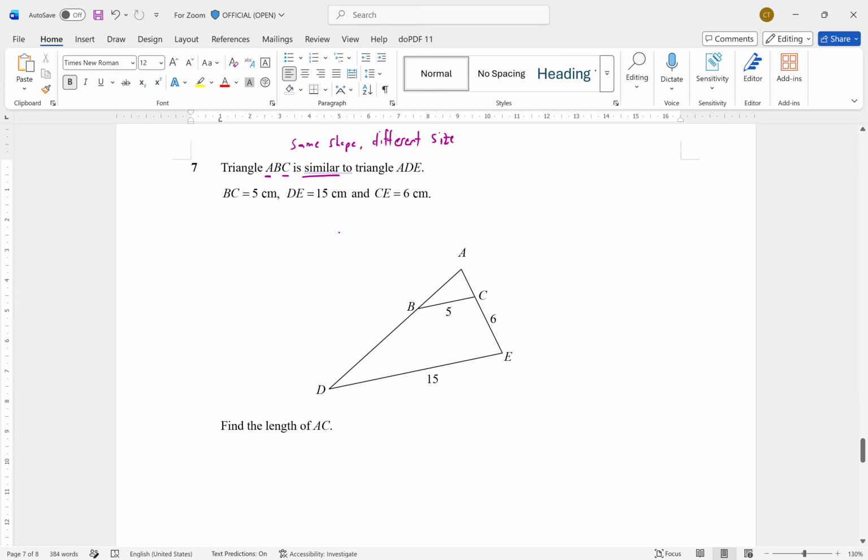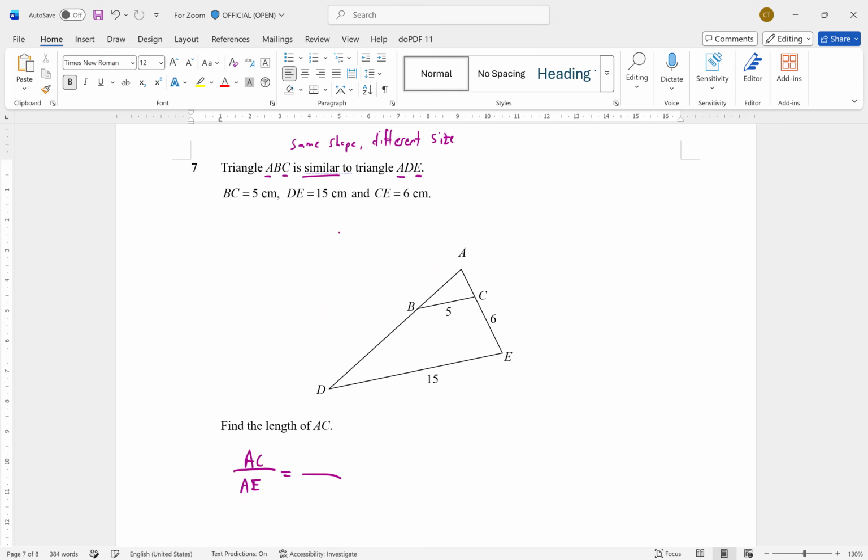Same thing, focus on the similarity statement first. Whatever you want to find, always write it at the top left-hand corner: AC. Then look at the similarity statement. AC corresponds to which side in the bigger triangle? AE, so you write AE over here.